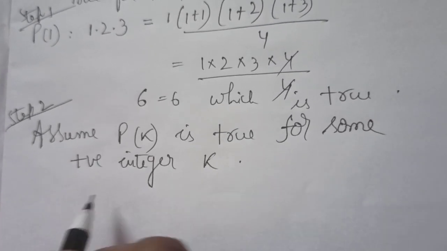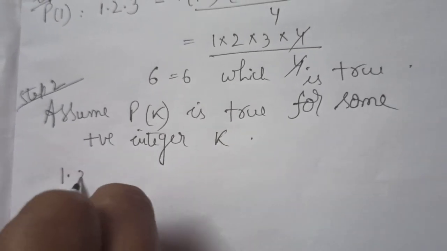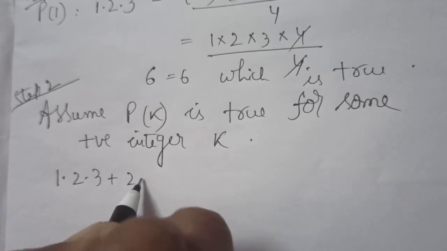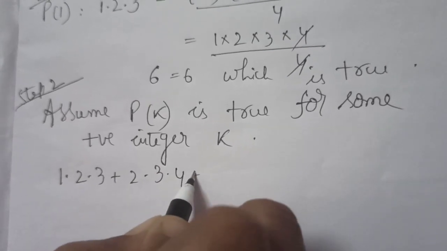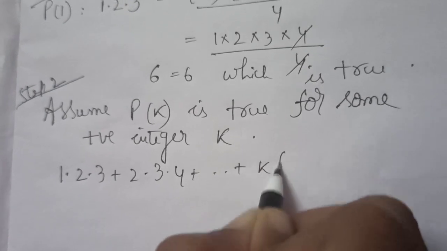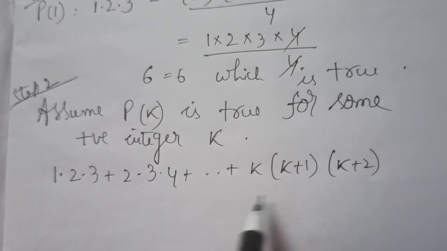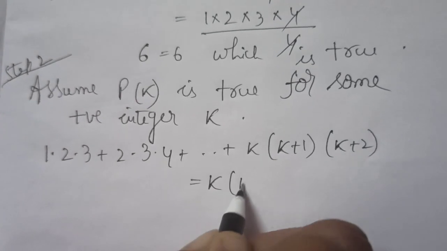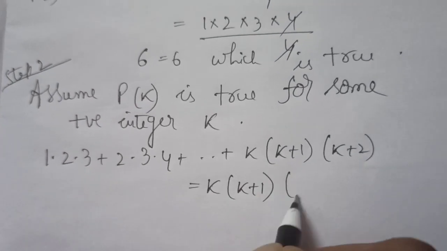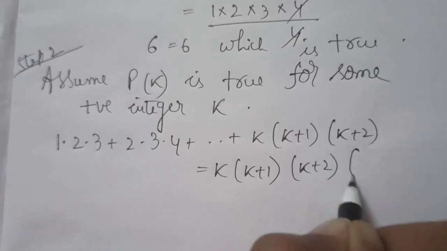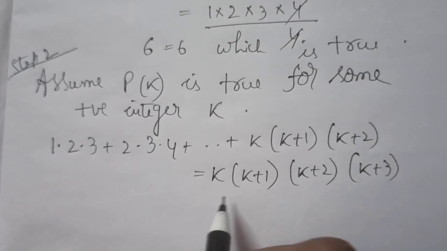That means what you need to do in this step is just write k in place of n. So k into k plus 1 into k plus 2, which is equal to k into k plus 1 into k plus 2 into k plus 3 divided by 4.